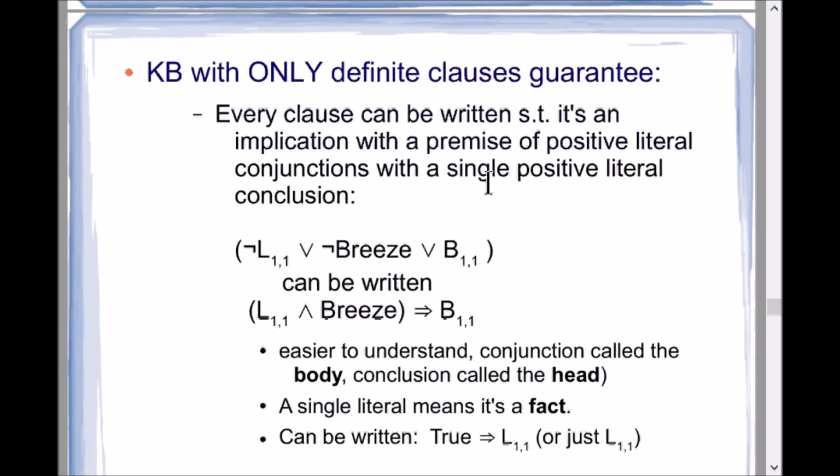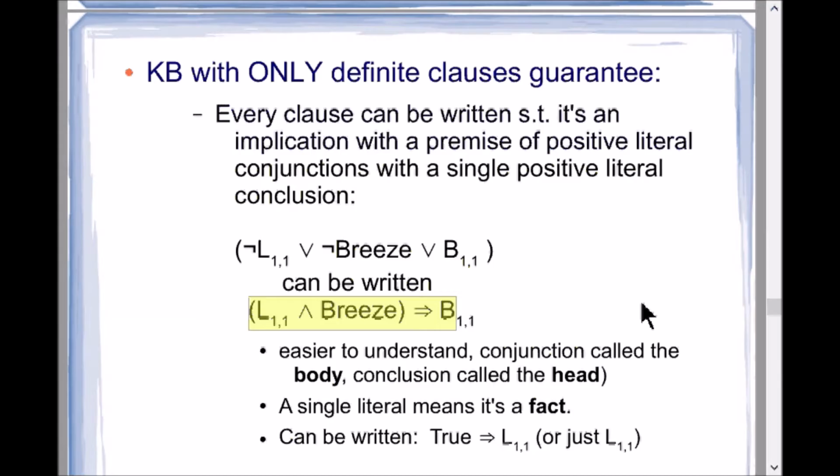Bear with me, this is going to bear fruit. An example of a definite clause: not L11 or not breeze or B11. There's exactly one positive literal in there. Now we can rewrite that as the implication underneath it: L11 and breeze implies B11.